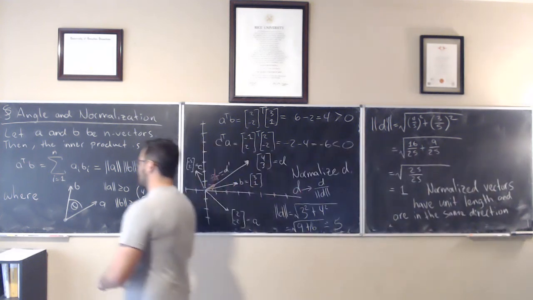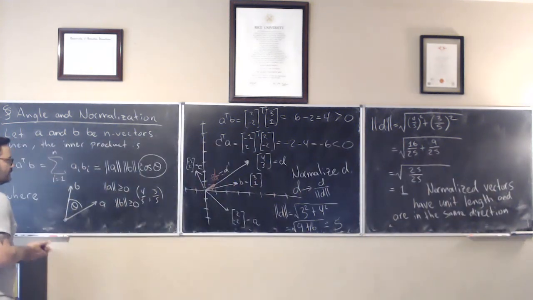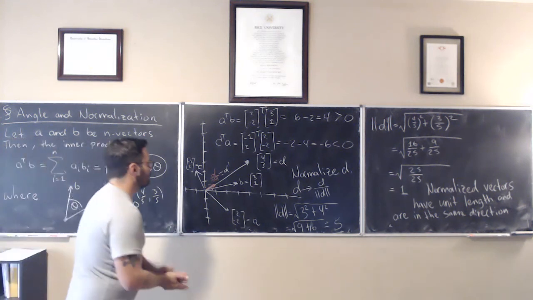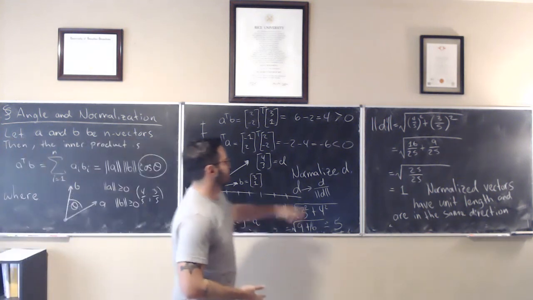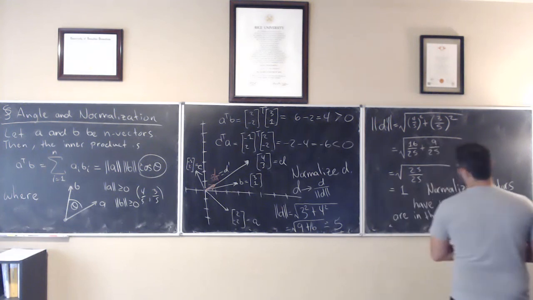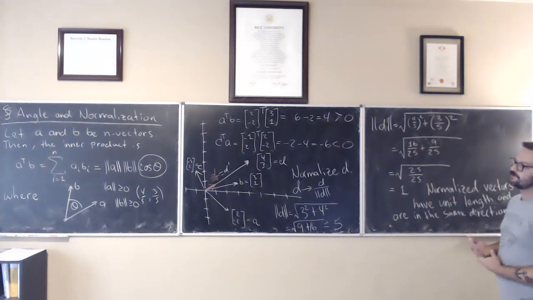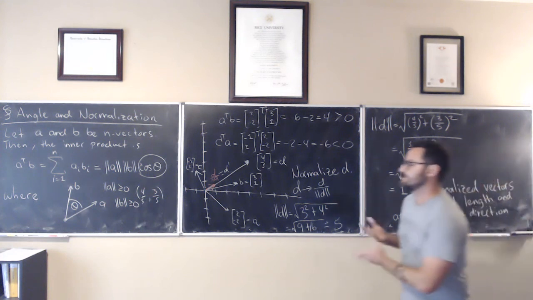Okay. So normalized vectors will be convenient to work with when we start talking about things called bases, but that's definitely next week. There's no way we can get to that today.